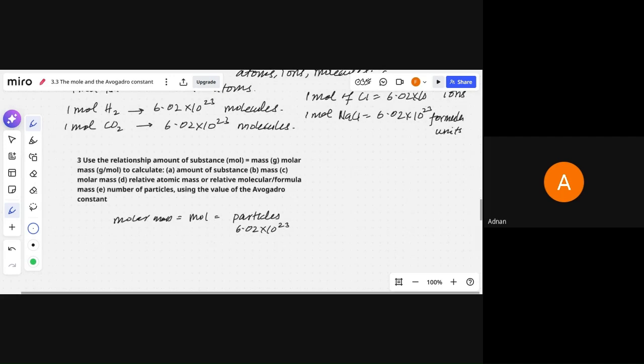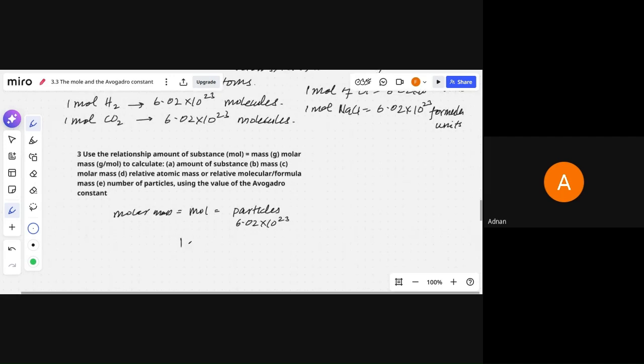Let's say we have 1 mole of hydrogen, right? 1 mole of hydrogen will have 6.02 times 10 to the 23 atoms, because it is in its atomic state, and its molar mass will be 1 gram from the periodic table. Its atomic mass is 1, so we will write it as 1 gram.